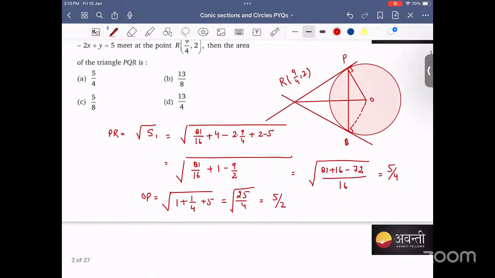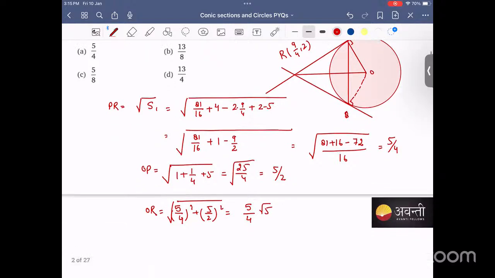Now OR I can also calculate. OR will be the hypotenuse of this triangle ORP. That will be 5 by 4. Okay, this is 5 by 2. So it is under root of (5/4) squared plus (5/2) squared. So that would be 5/4 under root 5. This is OR. Got it?